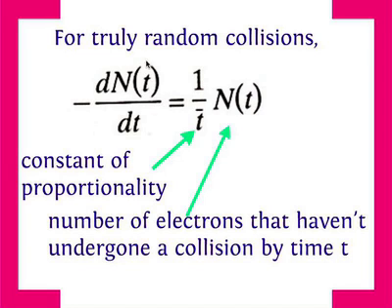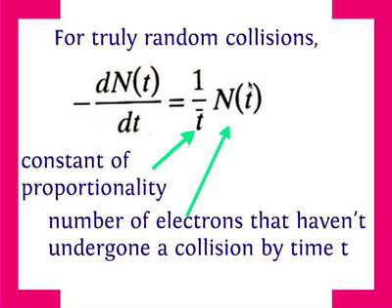The number of electrons that have not undergone a collision as a function of time can be written as some constant, we'll talk about that in a second, multiplied by the number itself. So think about a situation, you have some n electrons. At the beginning of time, none of them have collided with anything else. Okay? As time progresses, more and more collide with something.